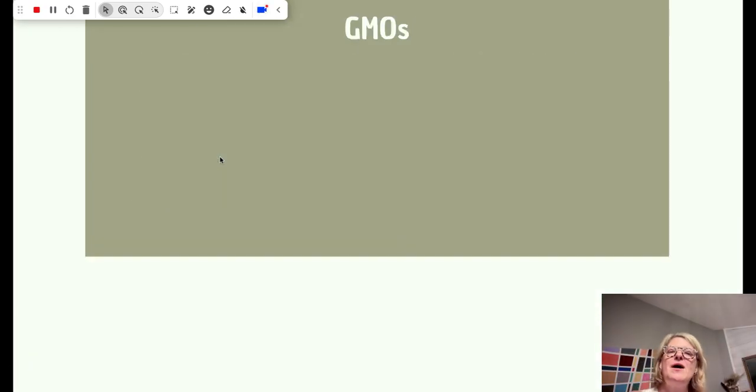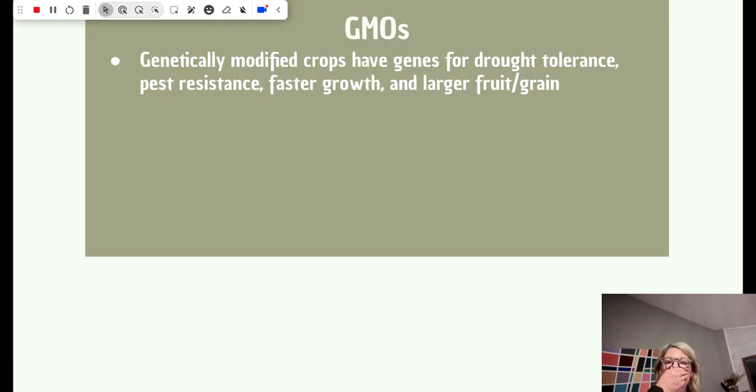Okay. So a GMO is a genetically modified crop that has genes to improve either their drought tolerance or their pest resistance, to give us faster growth so that we get them quicker, or maybe we can grow multiple rounds of the crop in one growing season, or we're looking for a larger fruit or more grain from the actual plant.